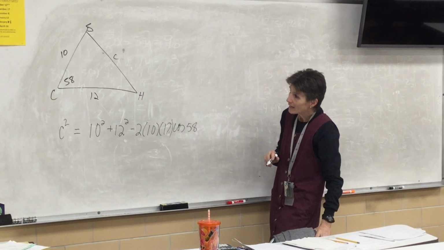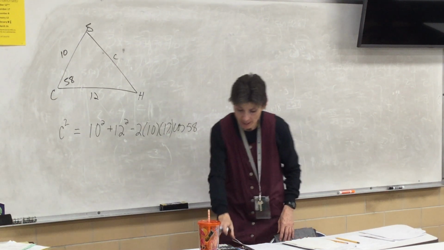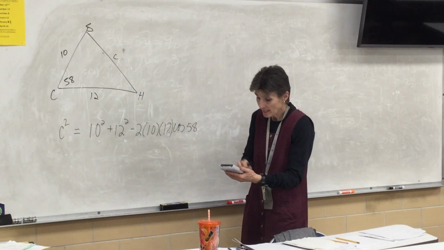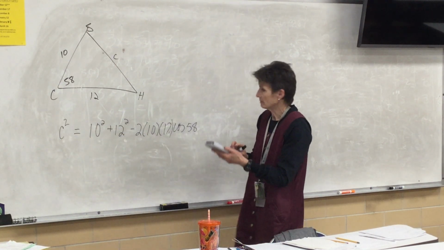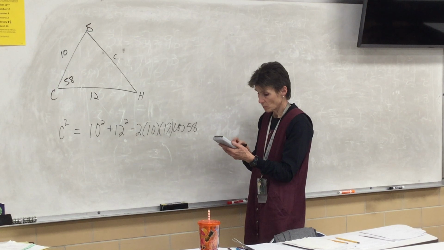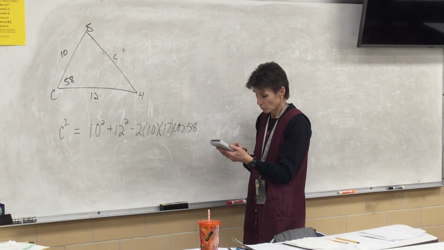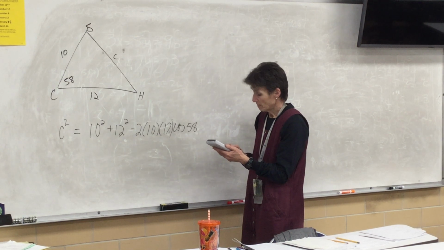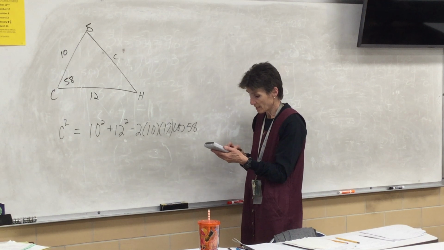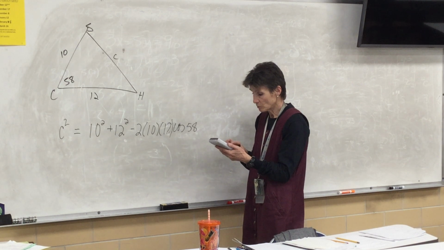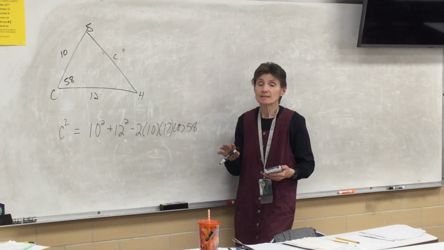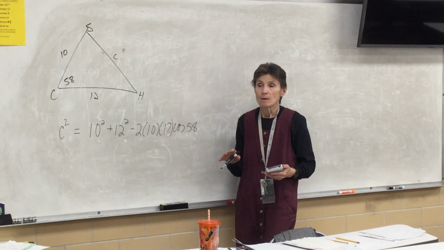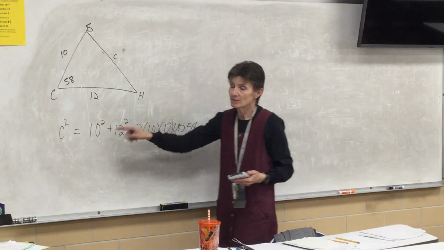Okay, so I'm going to type that in on my calculator now. And since this is my variable, I can just type this in. So 10 squared plus 12 squared minus 2 times 10 times 12 times cosine 58 equals, now you get 116, but that is c squared.